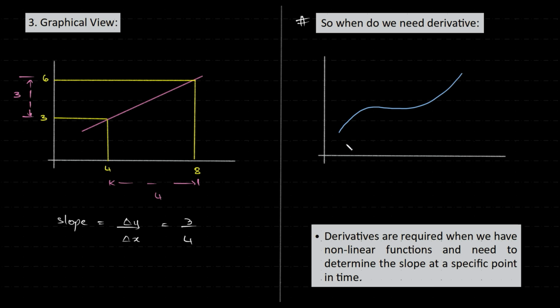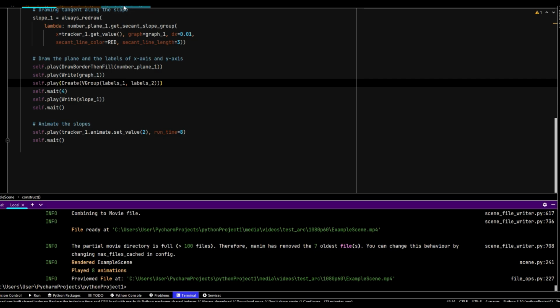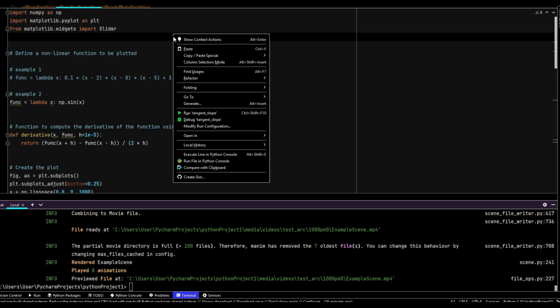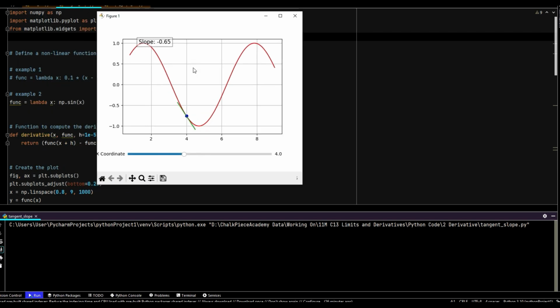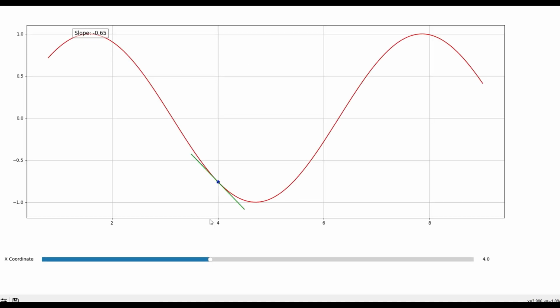Now if I have to find the slope, each of these points will have a different slope. Let me explain this with the help of, so here I have sine function. So if I move it from say this point, if I start moving, you can see that the slope will keep on changing.